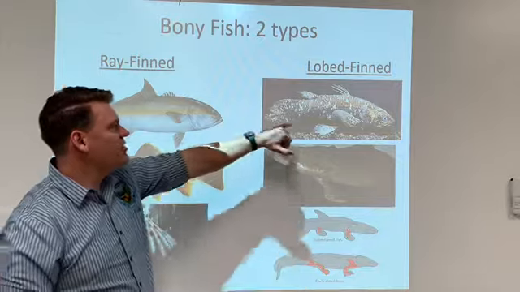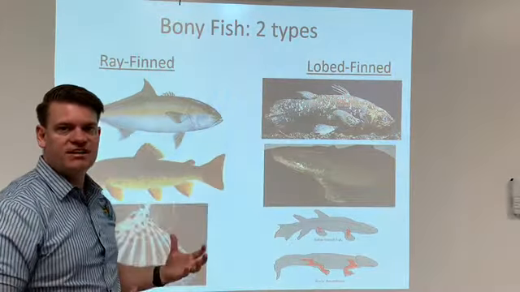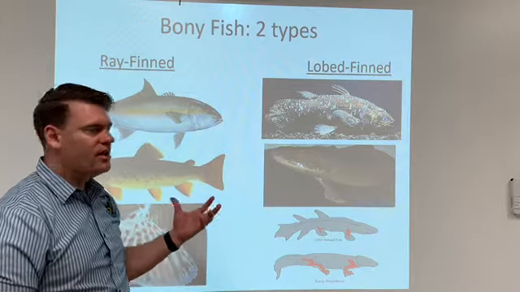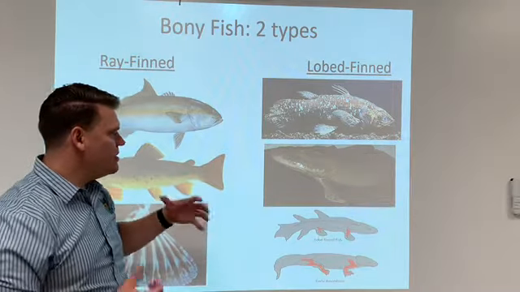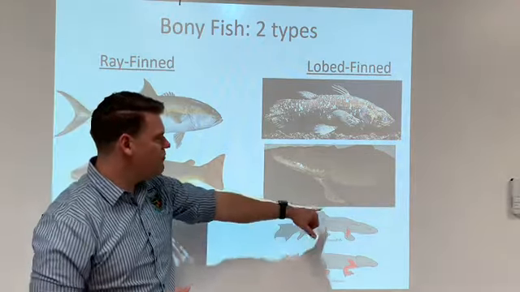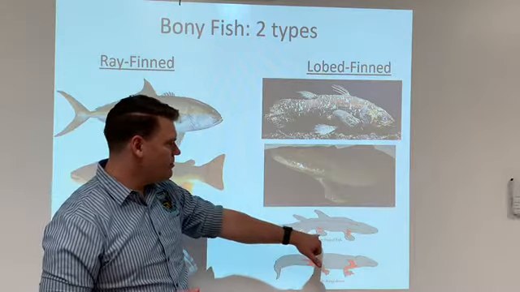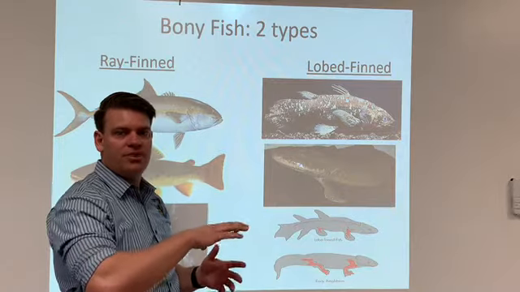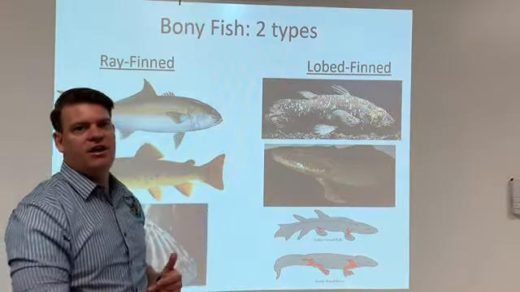In fact, they thought this one here had been extinct for many years, but they actually found a few of them off the coast of Madagascar back in the mid 2000s. Because of this lobe fin, it's believed that they were able to eventually slowly get out of the water, maybe to grab some type of food source.